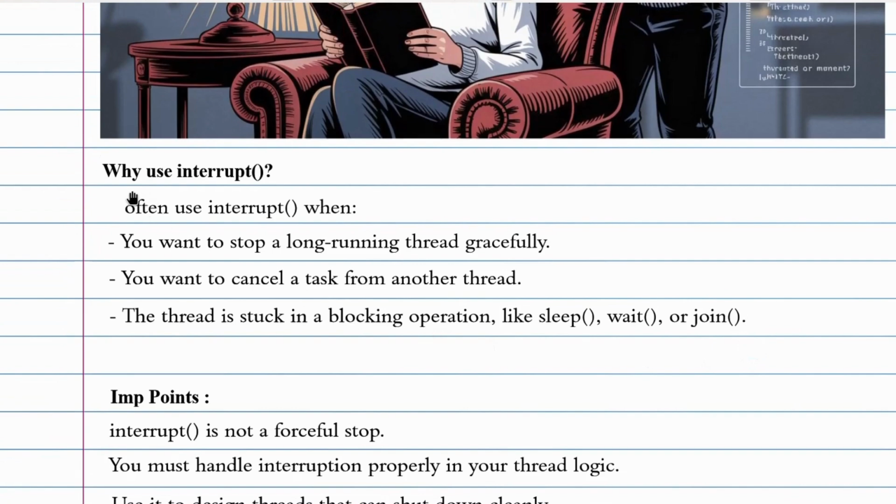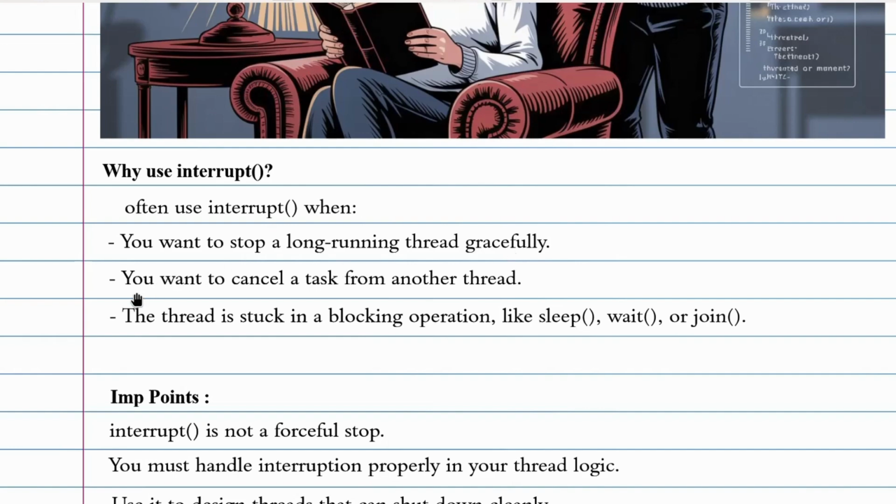This is the real life example of the interrupt method. Now let's see why we use the interrupt method. The interrupt method is used when you want to stop a long running thread gracefully. So if a thread is running for a long time and you want to stop it, the interrupt method is used.